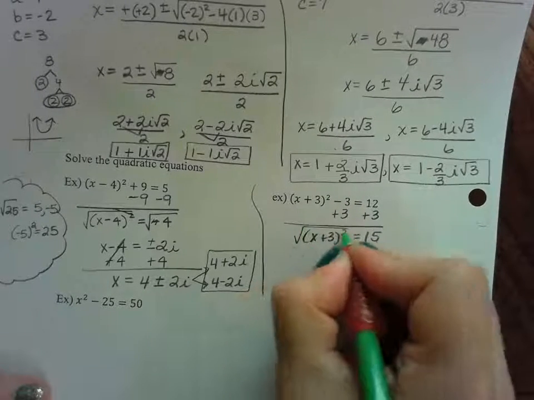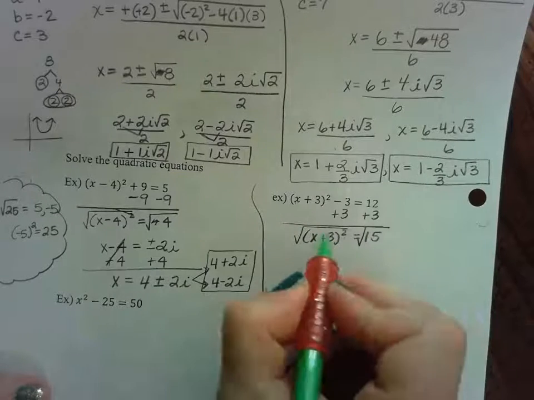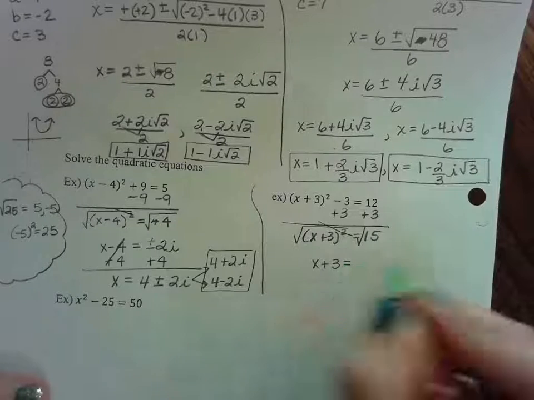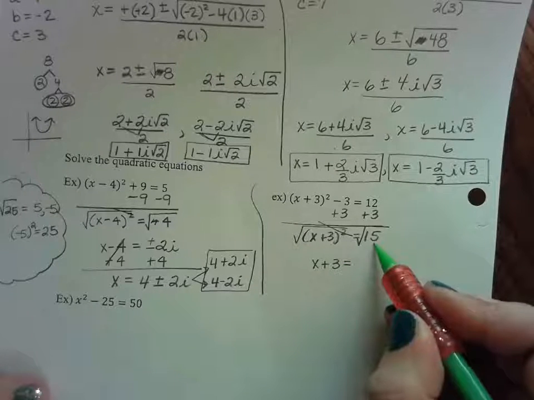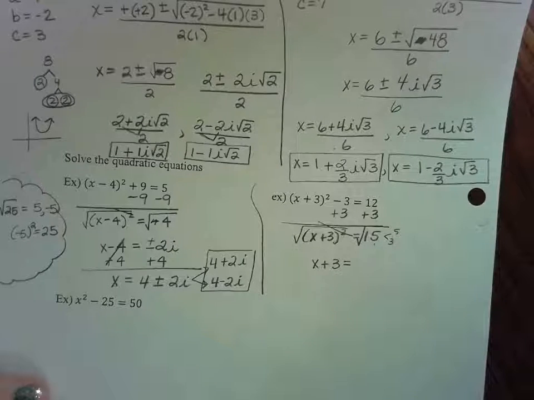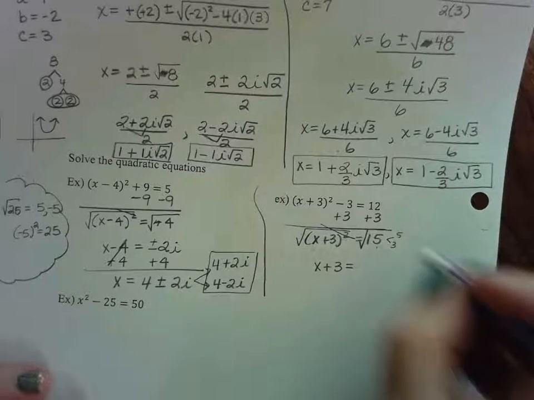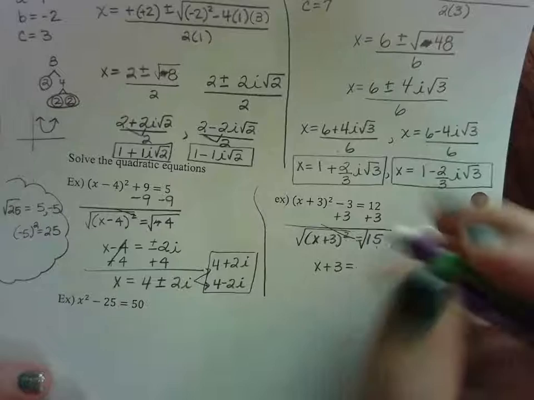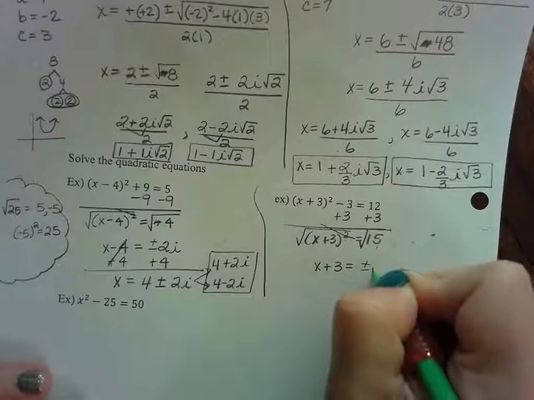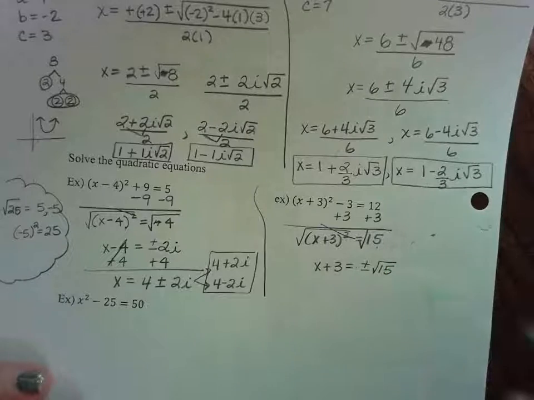So we're going to take the square root of that side. Goes away. Bring down the x plus 3. And then the square root of 15, you can try to break it down, but I think all we get out of that is 5 and 3. So we can't get any groups of 2 out of 15. So that's just going to stay put the way it is. Just remember, put the plus or minus in front of it.